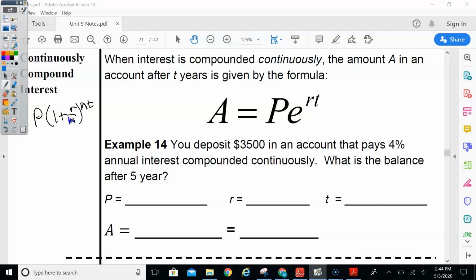The N here, if it's hourly, that's however many hours there are in a year. So you can put that number. But again, it's not going to be much different than what we just had with the daily. You can do every minute. You can do every second. You can make these be as big as numbers you want.